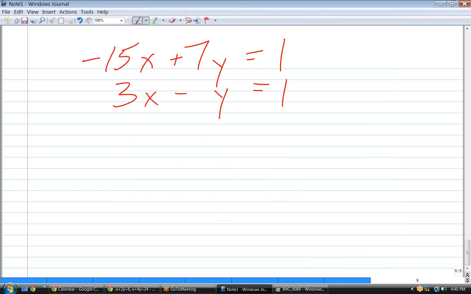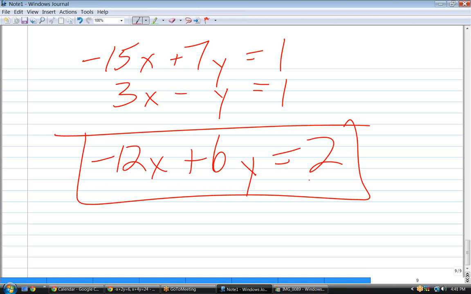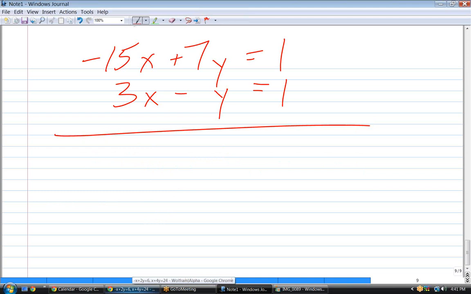If I add them, I get minus 12x plus 6y equals 2. That doesn't do me any good. I can't solve that. I've got to be able to eliminate a variable. That's why it's called elimination. No variable gets eliminated, but what can I do to one of the equations such that then a variable will get eliminated?